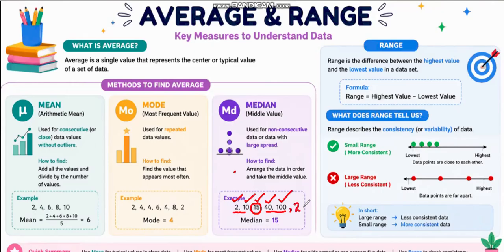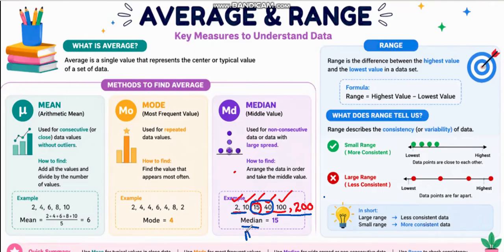But what about the case where we have an even number of values? For example, if I add 200 there, as another data value, now there are a total of 6 values, which is even. So how do we find the median in that case? In this case, we will get 2 middle values. We will find the mean of the 2 middle values to get the median.